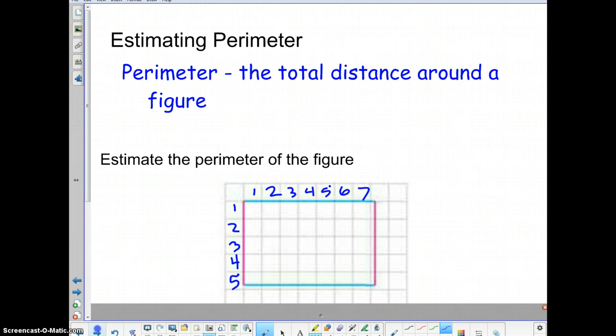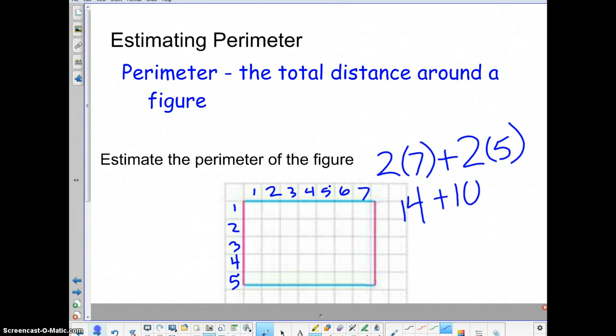Now I don't have to count anything more than this. I know that there are going to be 2 sides with the length of 7, and 2 sides with the length of 5. So 14 plus 10, we would get about 24.